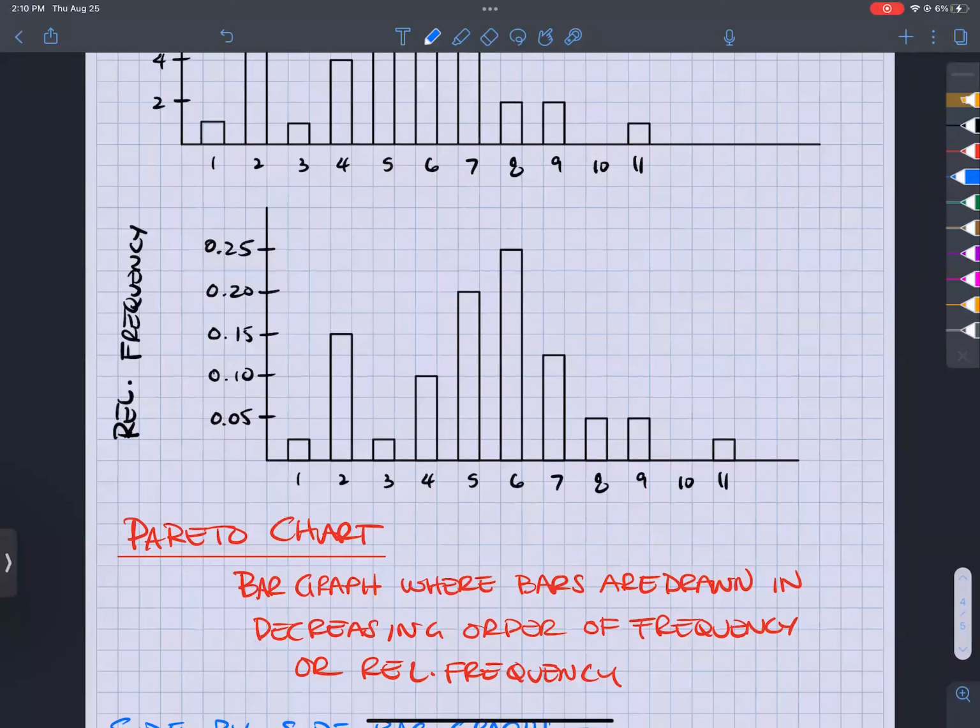Now, a lot of times these charts could be done vertically versus horizontally, right? You guys have seen horizontal bar graphs just like these ones, but have you also seen vertical ones?